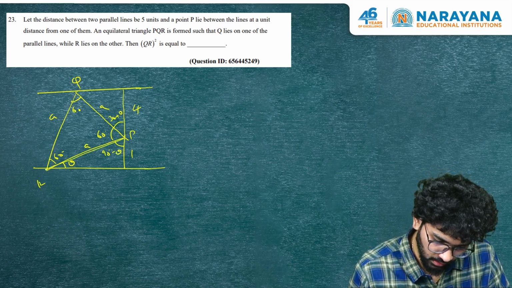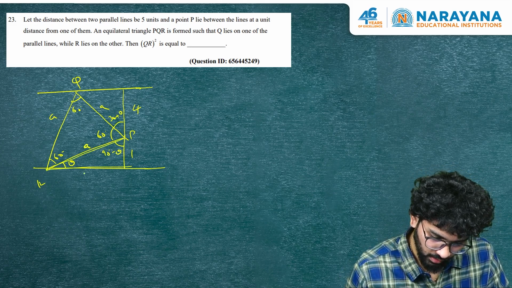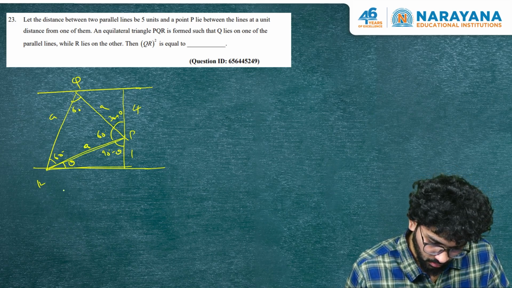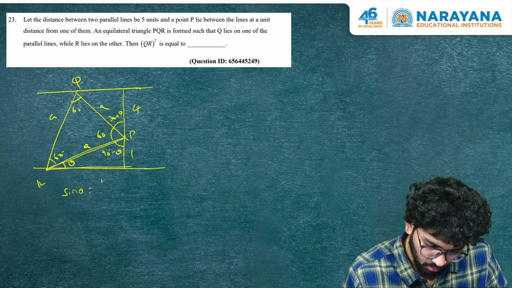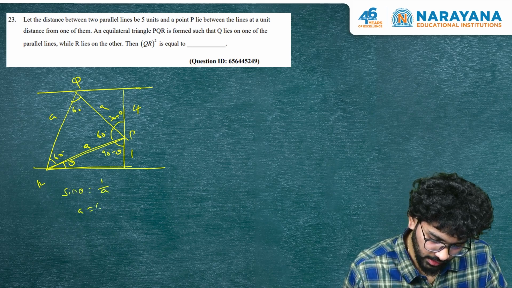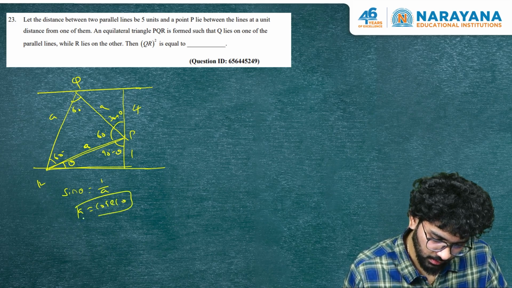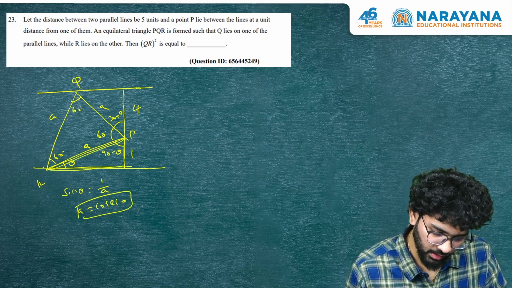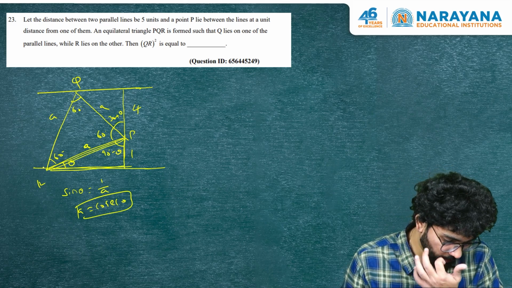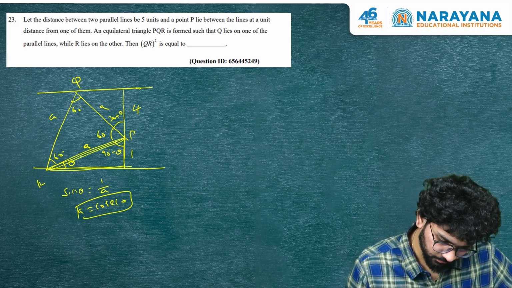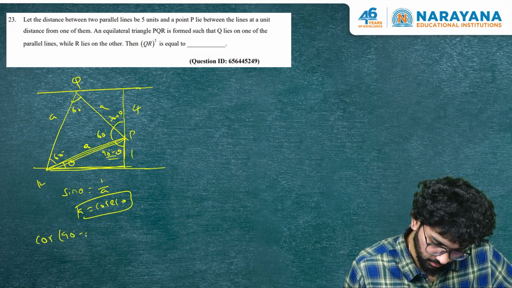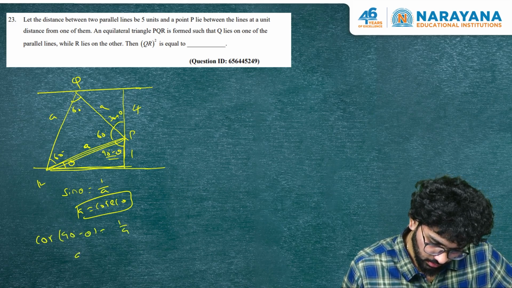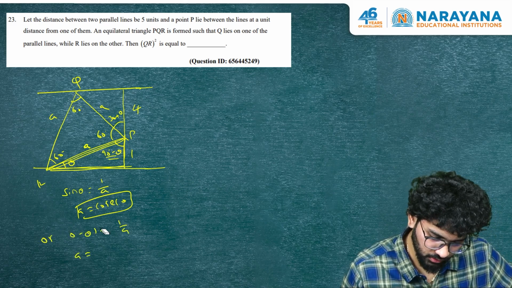So in this triangle, sin theta will be 1 by A, which means A is equal to cosecant theta. In the same triangle, if I find the value of A, cos of 90 minus theta is equal to 1 by A. So A is equal to cosecant theta, yes, we already wrote it.